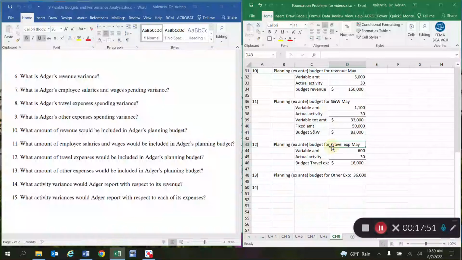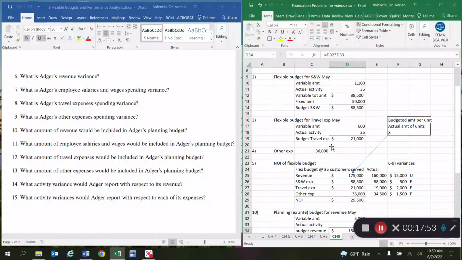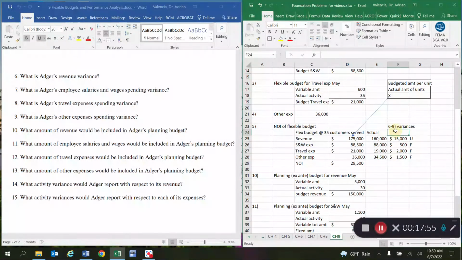So let me go over here and emphasize that. So these right here are spending variances. And I'm going to highlight this in yellow and explain right here that the spending variances, even though we did this already, I'm going to just be more clear.